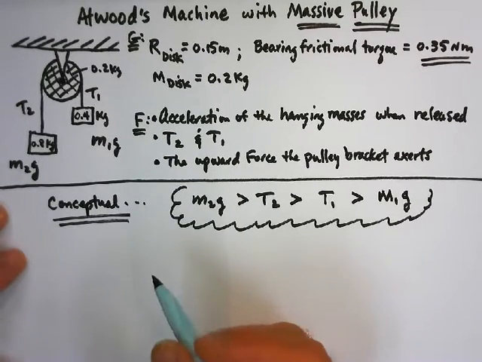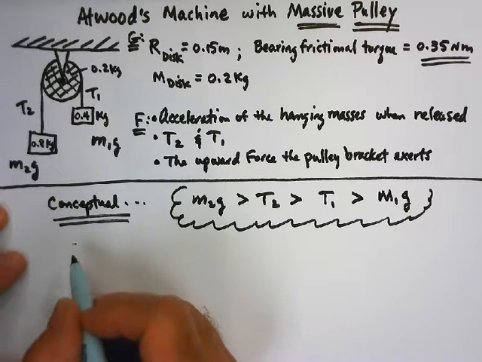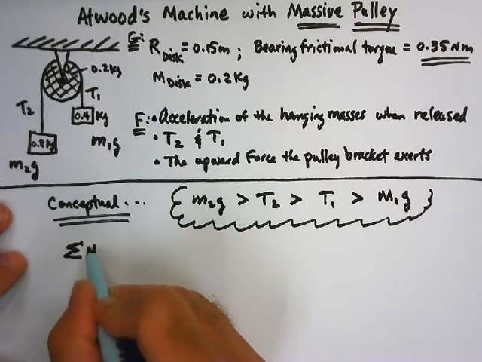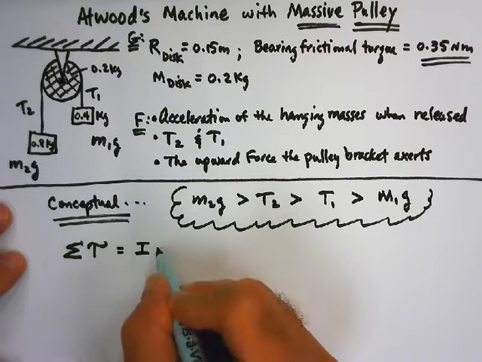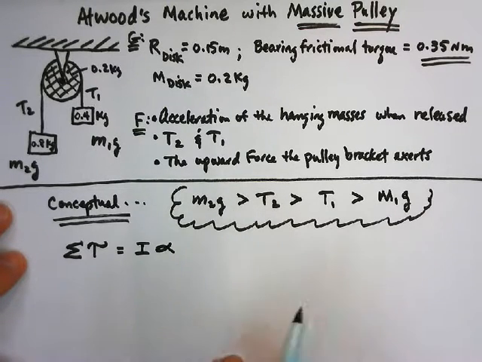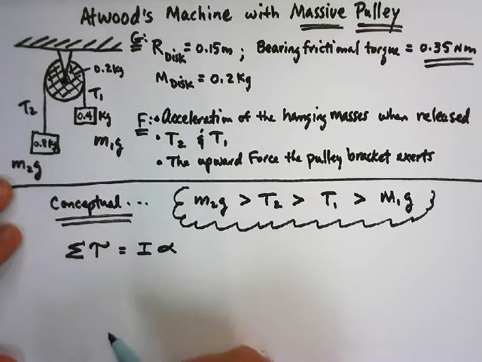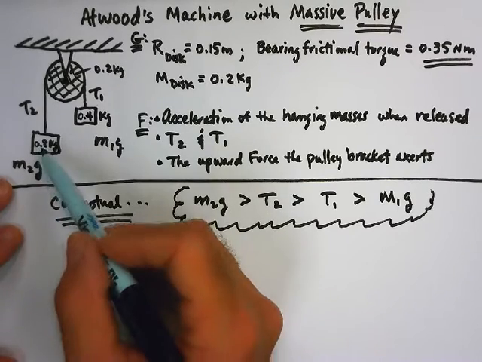Okay, we know that the sum of the forces equals ma, and so the analogy of that would be that the net torque, or sum of the torques, would be equal to I alpha, just like the sum of the forces is equal to ma.